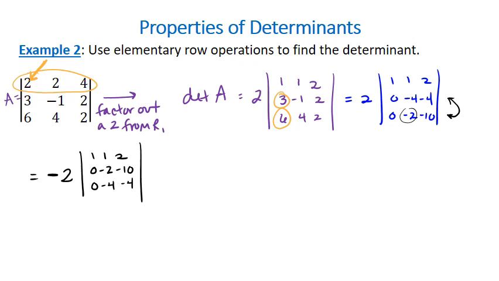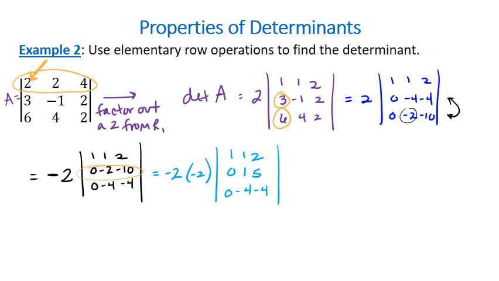So now what I'm going to do is factor out a -2 from row 2. So that's going to change. So now I'm going to have another -2. And I'm kind of doing it this way for illustration purposes also, just so you can see my work and what happens. So when I factor out that -2 from that second row, now I have this.